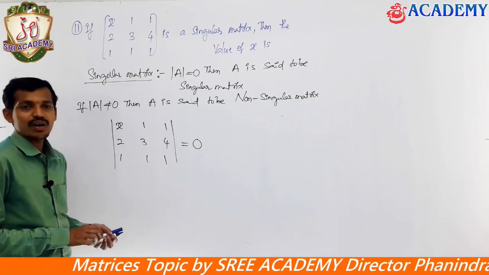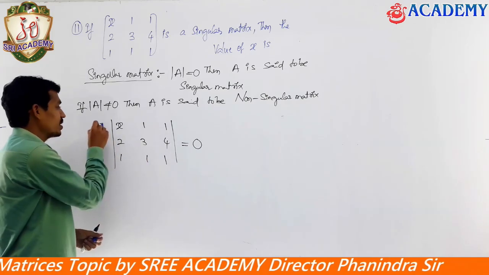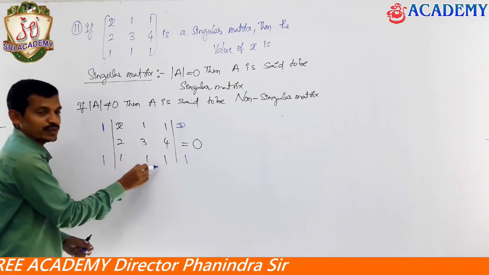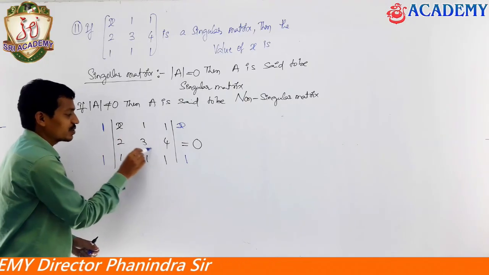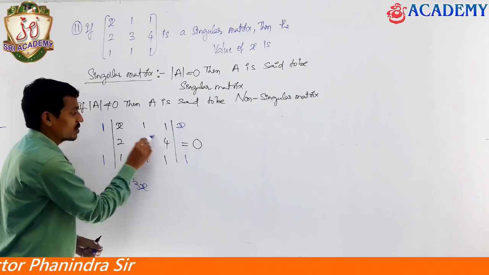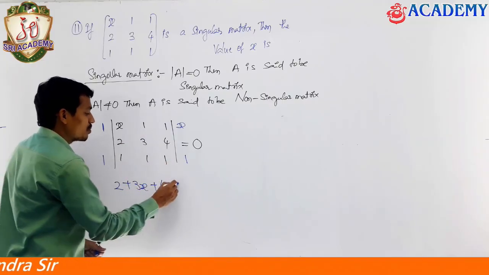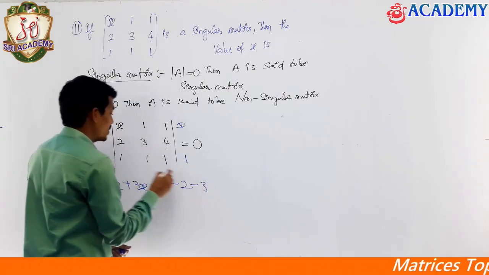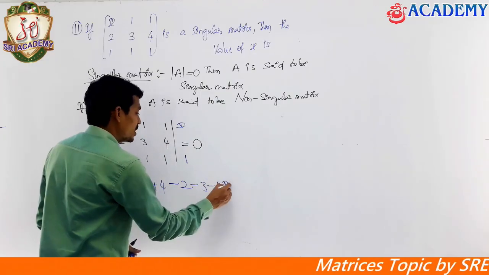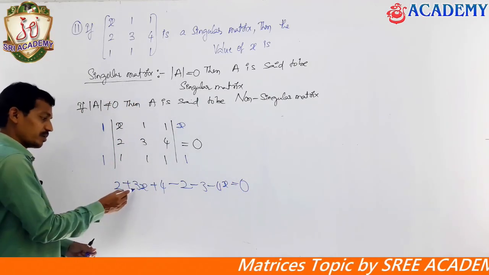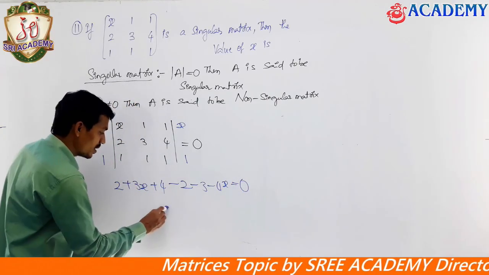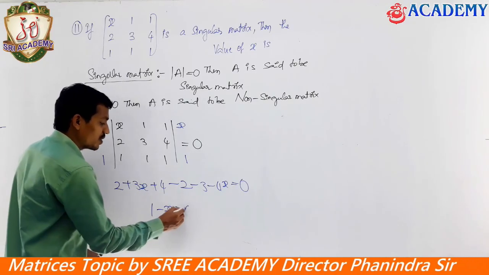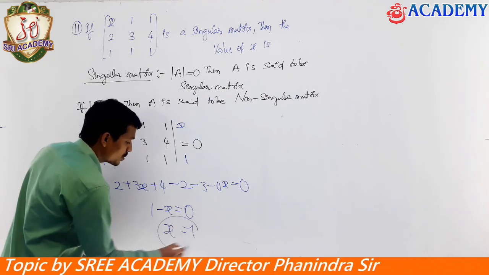Simply, expanding: x into 3 into 1 is 3x, 1 into 4 into 1 is 4, minus 1 into 2 into 1 is 2, 1 into 3 into 1 minus 3, 1 into 4 into x minus 4x, equal to 0. If you simplify, plus 3x minus 4x is minus x, next 2 plus 4 is 6, minus 5 is nothing but 1, so the expression equals 0. Based upon that, x equals 1.